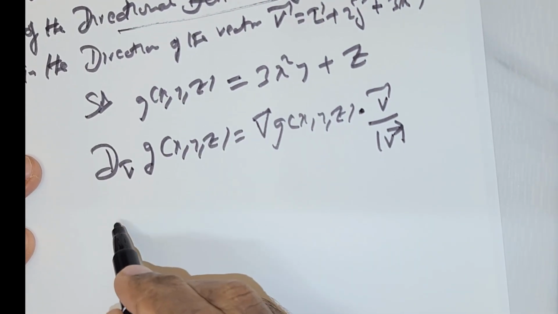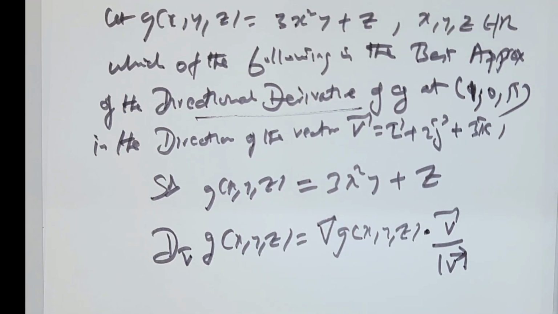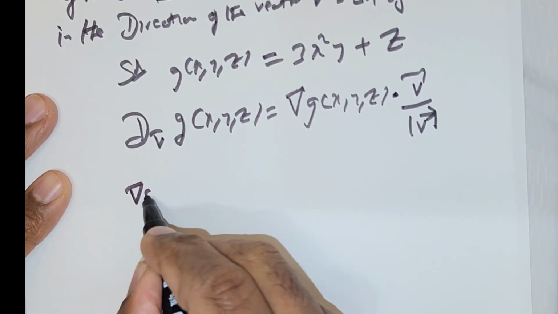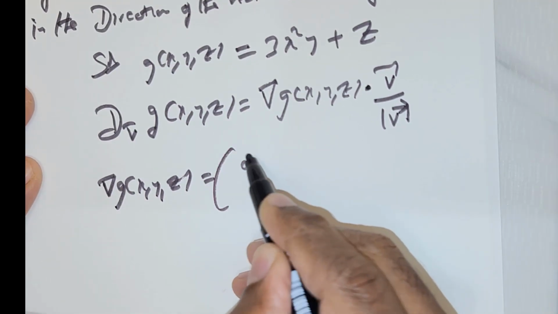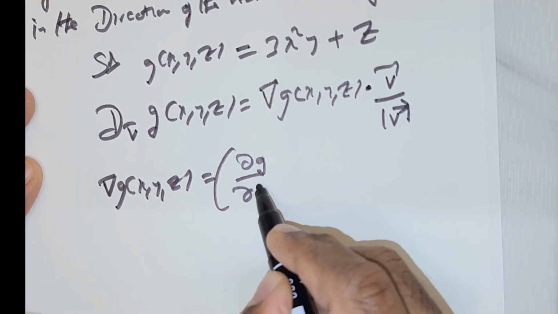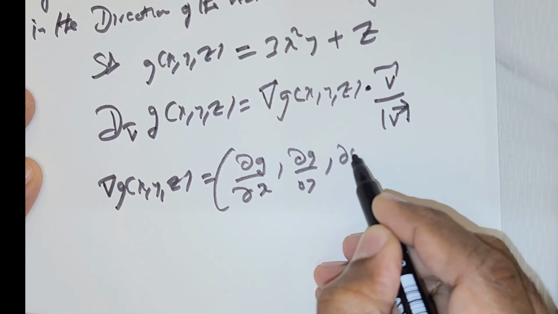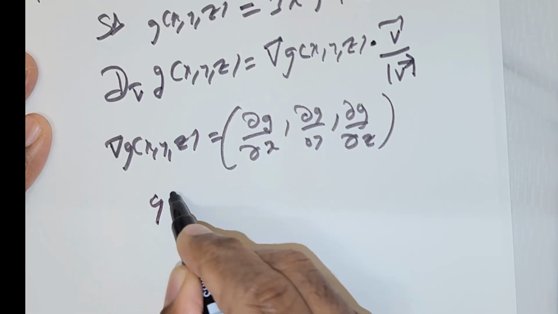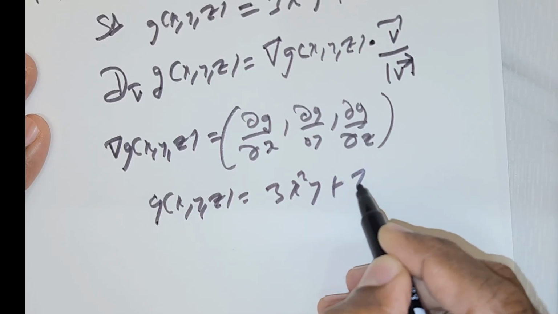Now foremost we will have to get the gradient of g of x, y, z. This is nothing but the partial derivatives: dou g by dou x, dou g by dou y, dou g by dou z. Now g of x, y, z is given as 3x squared y plus z.